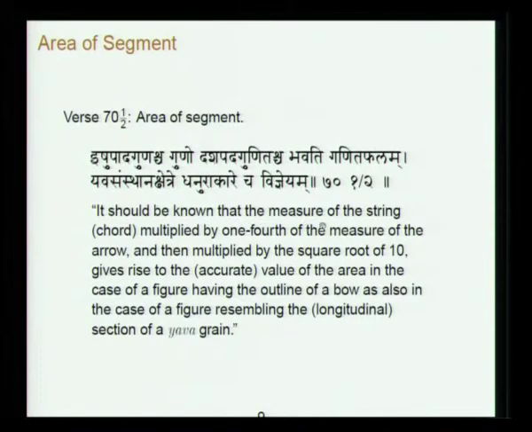It should be known that the measure of the string, the chord, multiplied by 1/4 of the measure of the arrow and then multiplied by the square root of 10 gives rise to the accurate value of the area in the case of a figure having the outline of a bow, as also in the case of a figure resembling the longitudinal section of a Java grain. I do not know, that is what he says.